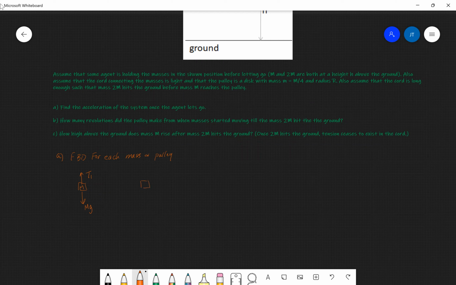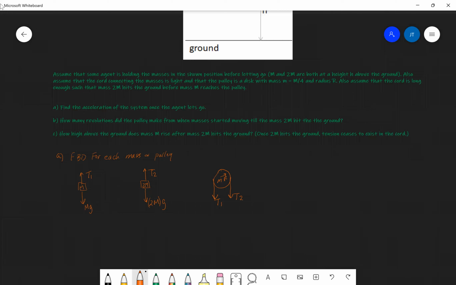For mass 2m, we have 2m times g pointing down, and tension T2 pointing up. And for the pulley, it has mass m and radius r. Here we have T1, and here we have T2.